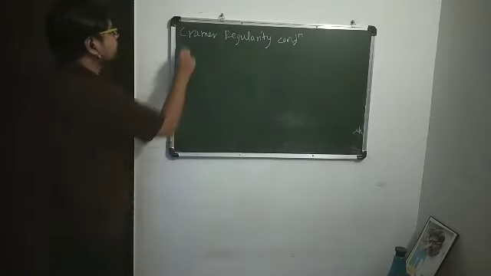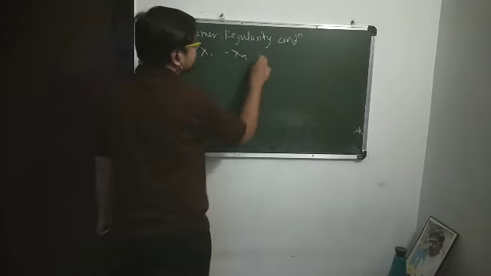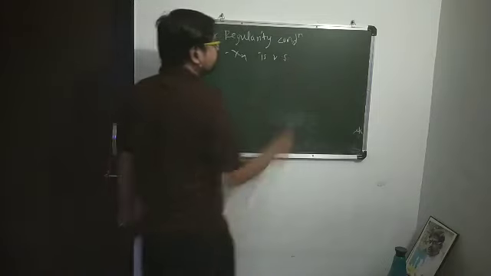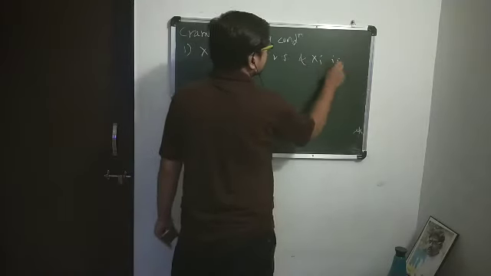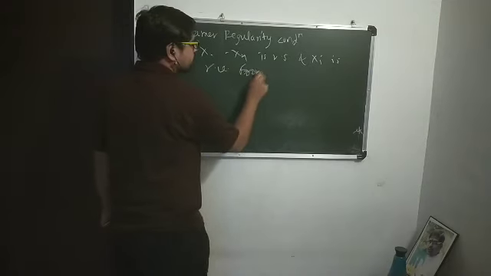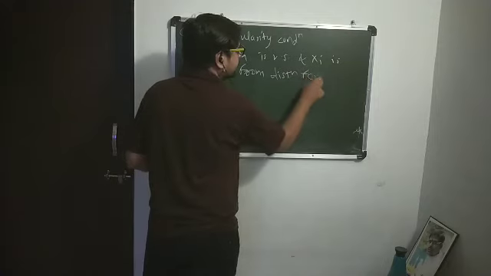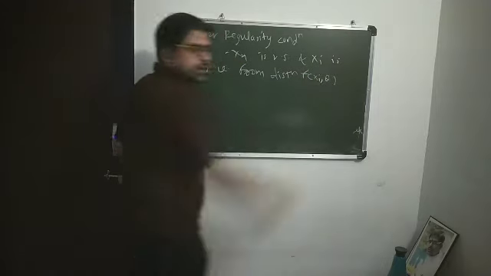So the first regularity condition is that x1, x2, ..., xn is a random sample and xi is a random variable from the distribution f(xi; theta), and f(xi; theta) is a PDF.